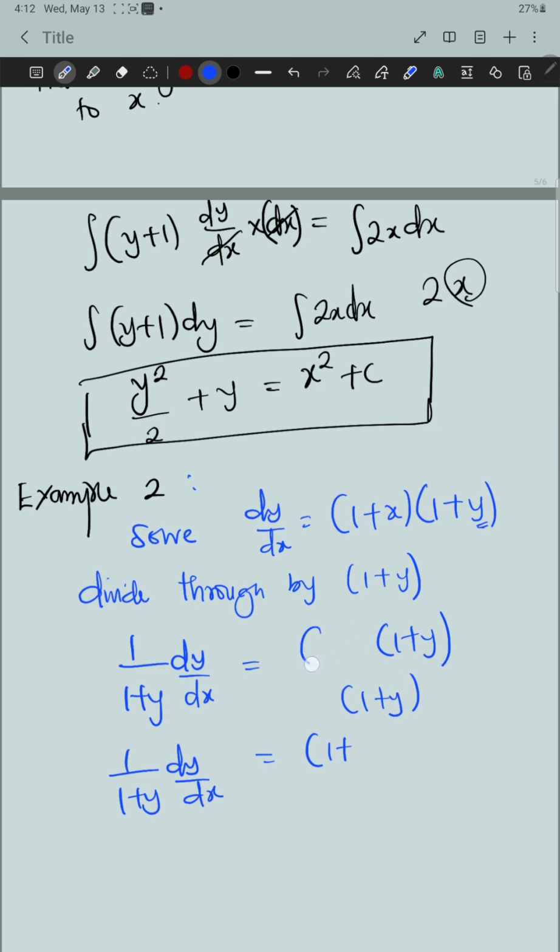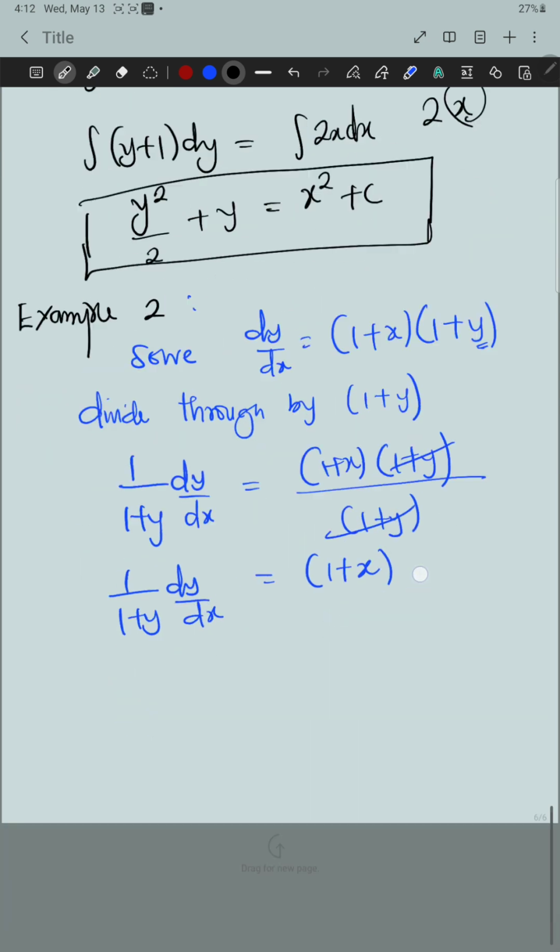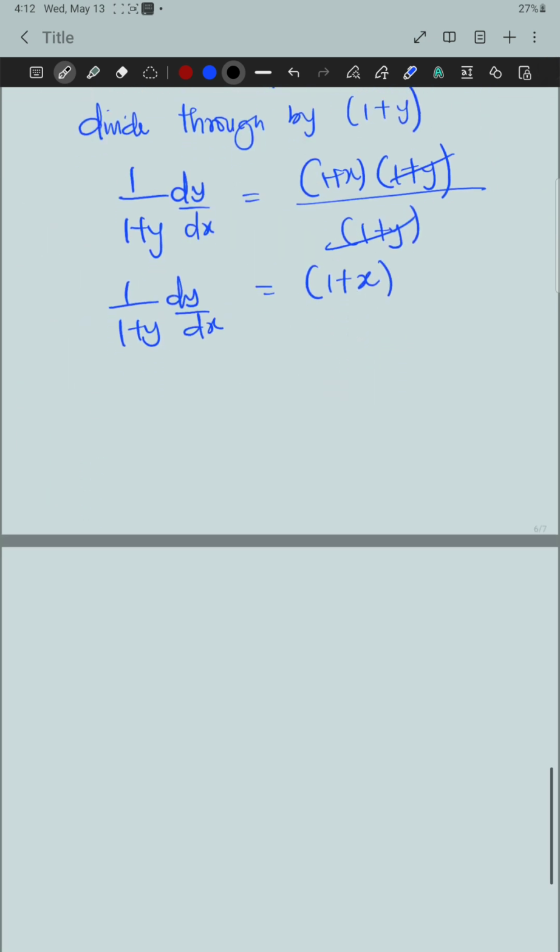Sorry, that's a mistake. I'm dividing through by 1 plus y, and 1 plus x is here. So I'm cancelling out, and we have 1 over 1 plus y, dy over dx is equal to 1 plus x. Did you see that? So now we can integrate both sides.